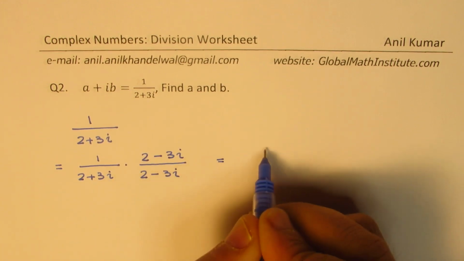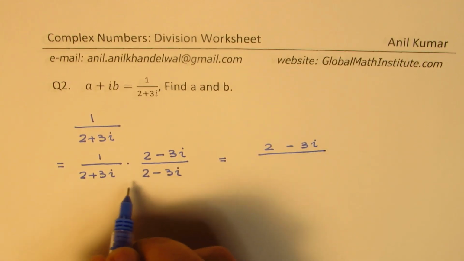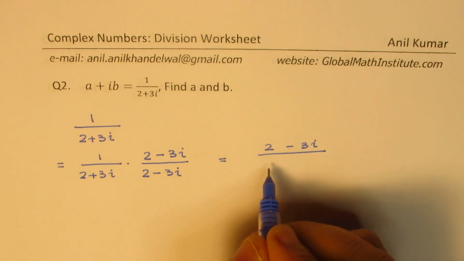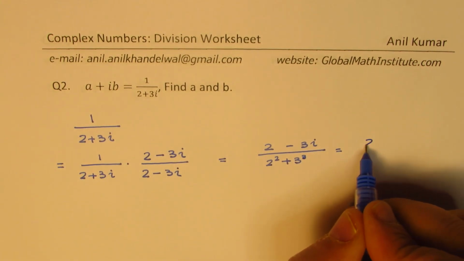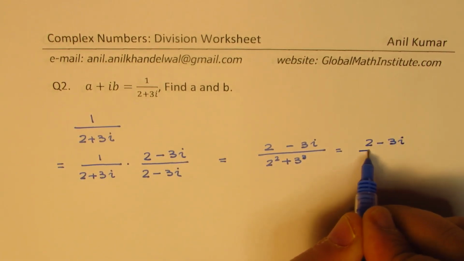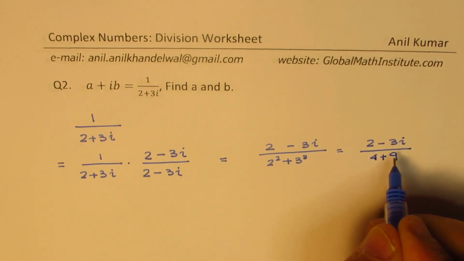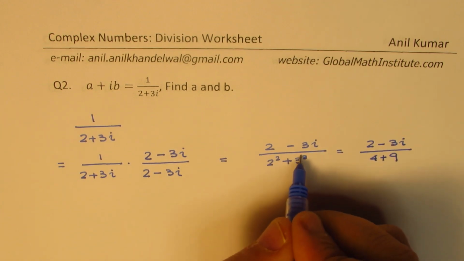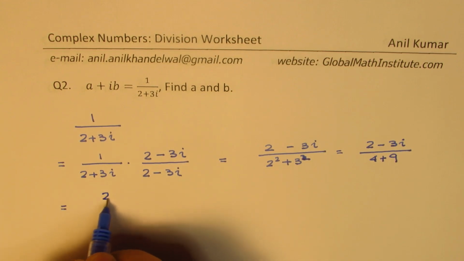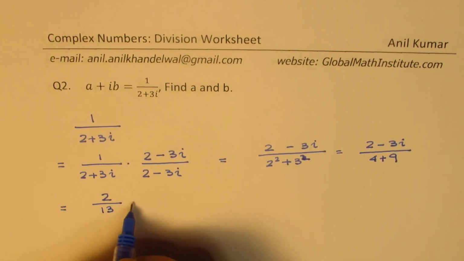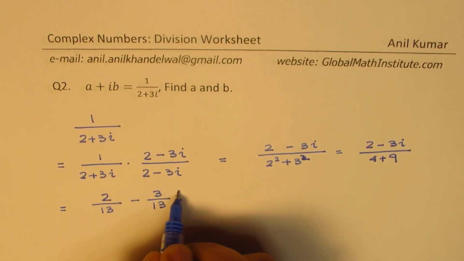And that gives you 2 minus 3i over 2 squared plus 3 squared, which is 2 minus 3i over 4 plus 9. Or we can write this as 2 over 13 minus 3 over 13 i.